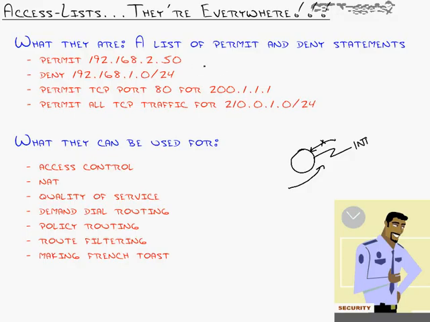But access lists can also be used for NAT. So for example, let's say this is our access list up here, this list of statements right here. We might apply it in such a way that says, this IP address is permitted to be translated using NAT off to the internet. As a matter of fact, if you look at this series, the next topic we're going to be talking about is configuring NAT from the command line.